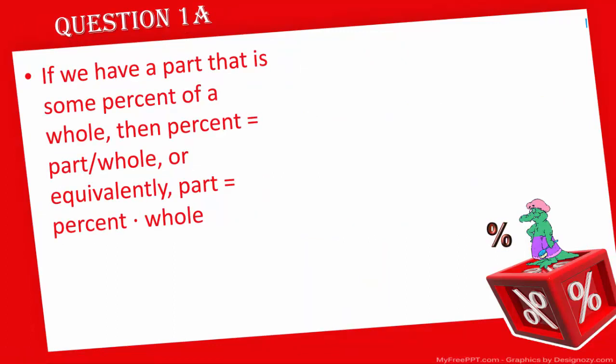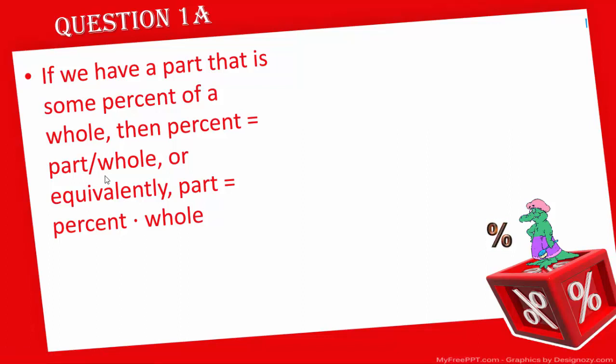So now let's look at some questions and how we would do this. Well, in general, when we have a percent or some part of a whole, a percent is equal to the part over the whole. So usually when we want to calculate a percent, we look for the part, we look for the whole, and we multiply it by 100%.